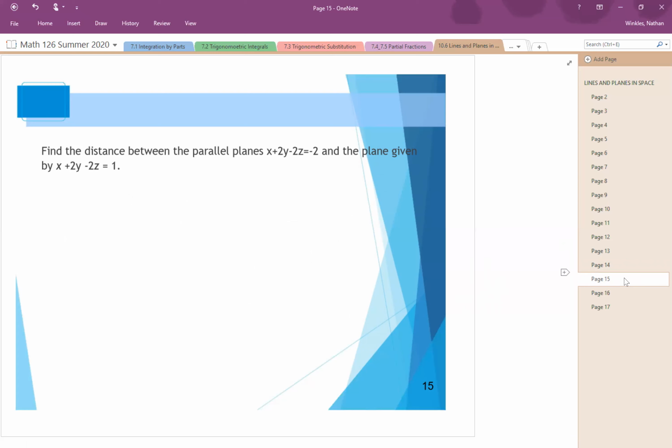So now we're told, find the distance between the parallel planes x + 2y - 2z = -2 and the plane given by x + 2y - 2z = 1. If we notice, both planes have a normal vector of i + 2j - 2k, so they are indeed parallel.